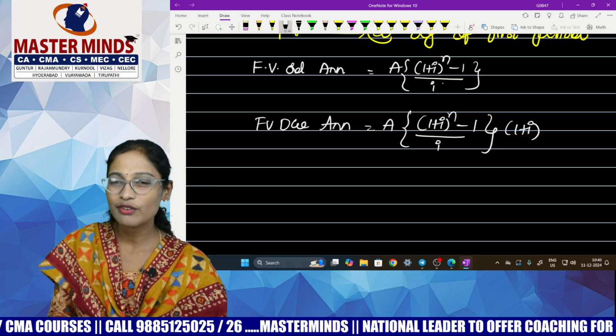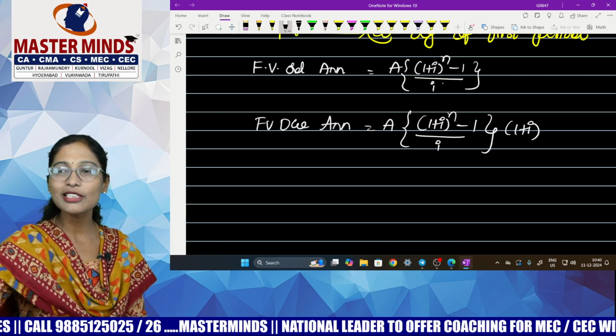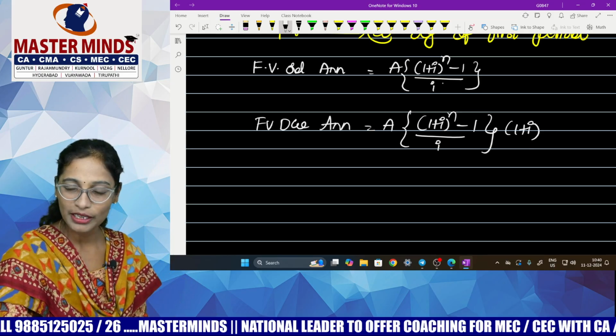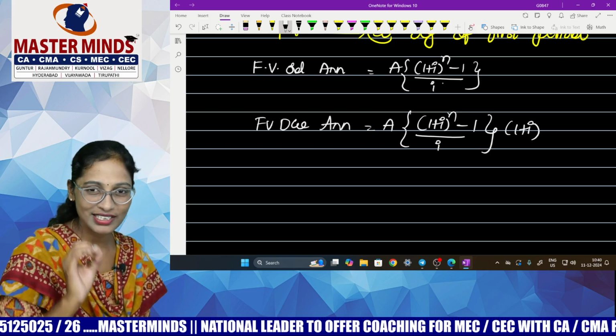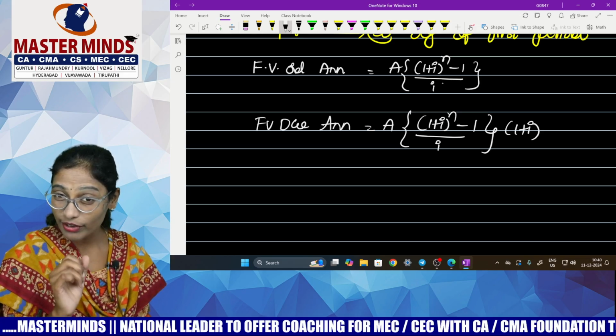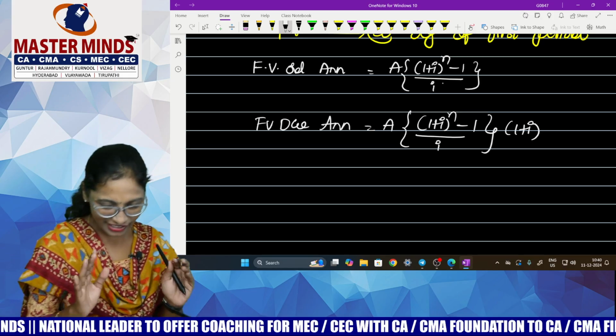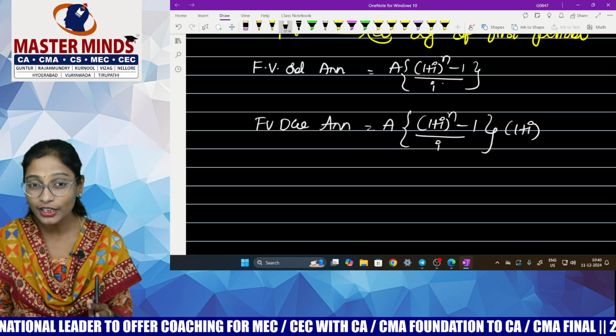So guys, what is the difference between ordinary annuity and due annuity? For every ordinary annuity, payments or receipts take place at the end of the period. But for due annuity, payments or receipts take place at the beginning of the period. So there's a gap of one period every time, no? That one period's interest is (1 plus i). That is the only difference between ordinary annuity and due annuity.